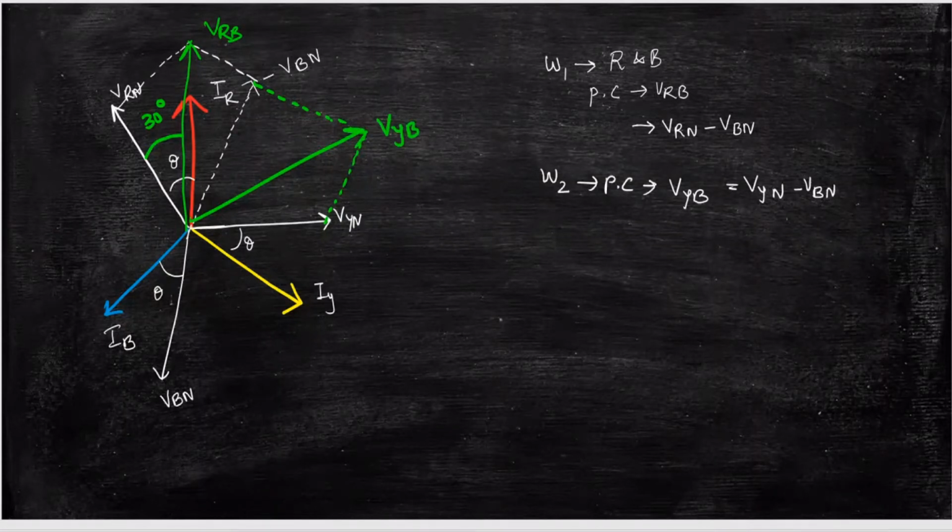Okay. Now, how are these voltages VYB and the current IY related? IY is the phase current. So what is the angle between VYB and IY?